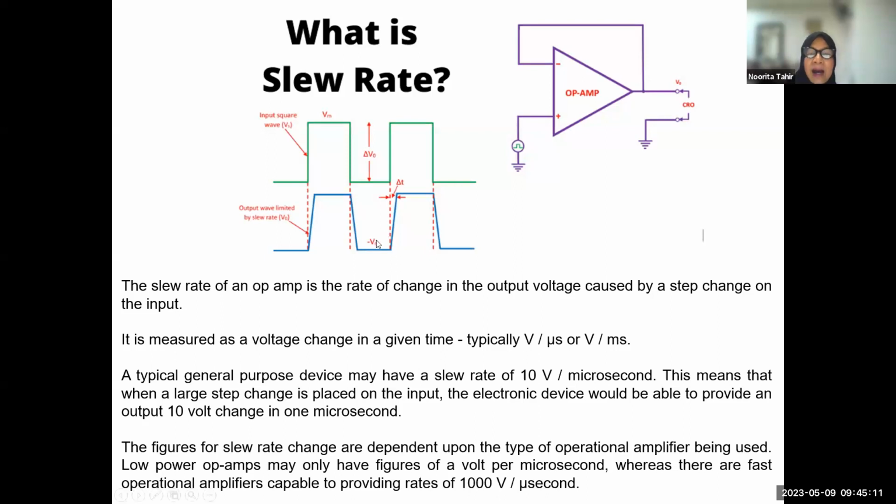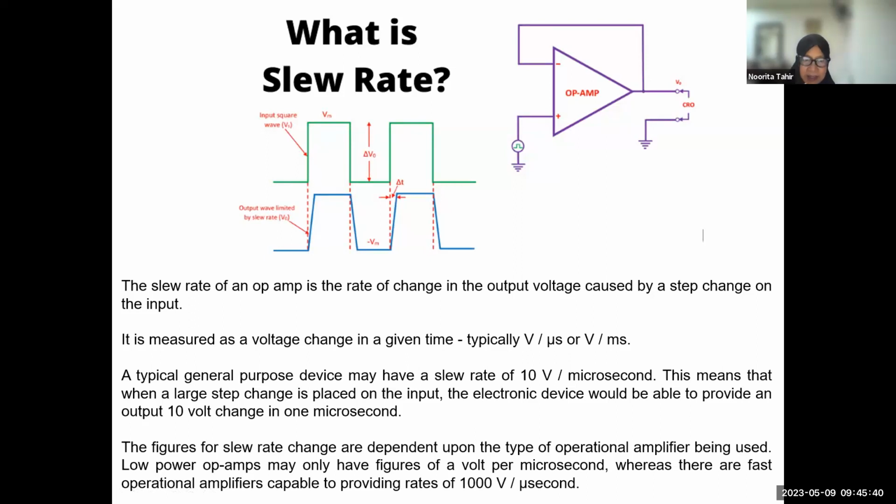Normally the voltage change for an op-amp is typically around volts per microsecond or volts per millisecond. Ideally, if this is the input voltage, the output voltage will change immediately, from 0 and then up high and then down, at this point and this point. However, practically that doesn't occur.